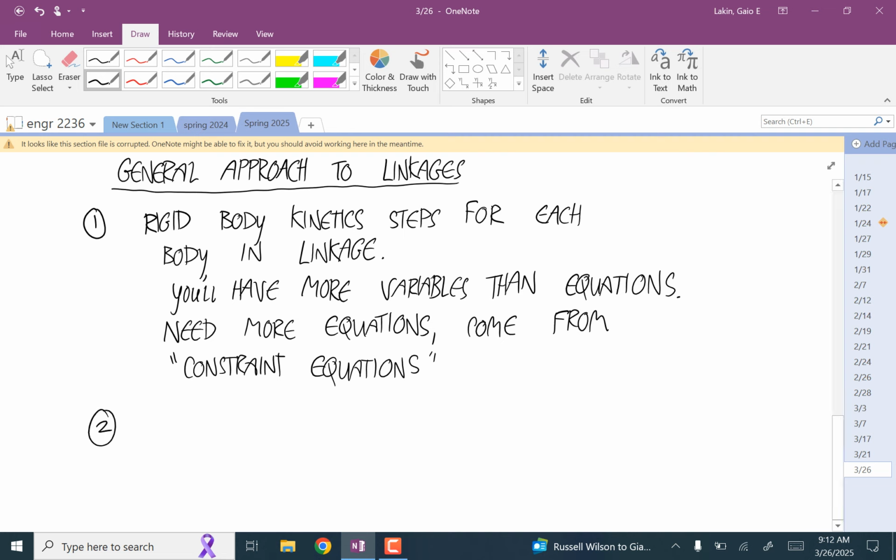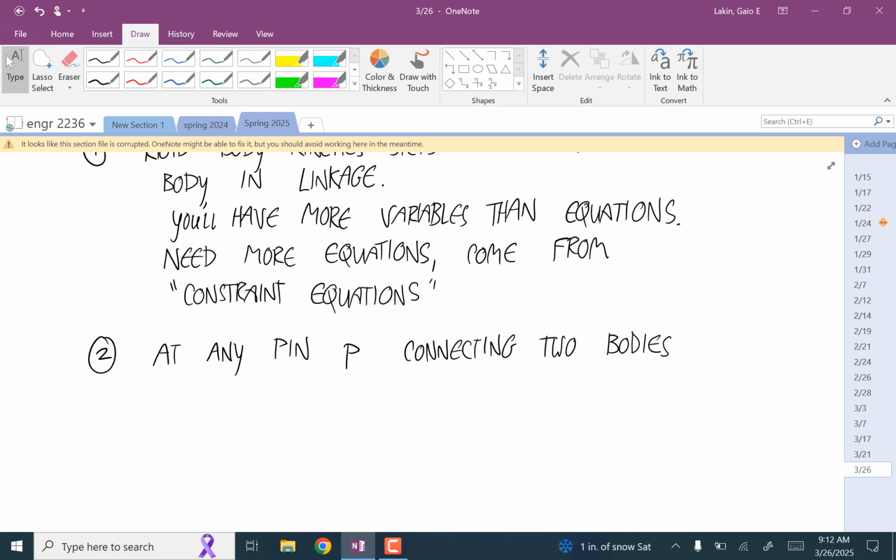So the constraint equations, at any pin joint between bodies, and I'll call the pin P, that connects two rigid bodies, we're going to require that the acceleration of P according to body 1 has to be equal to the acceleration of P according to body 2.